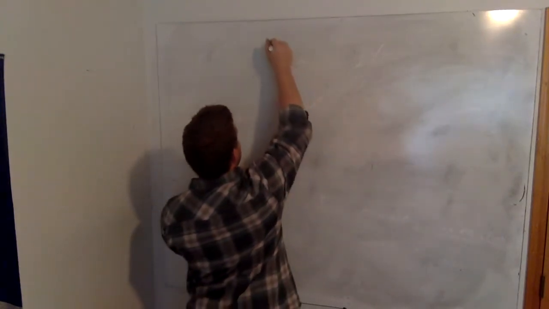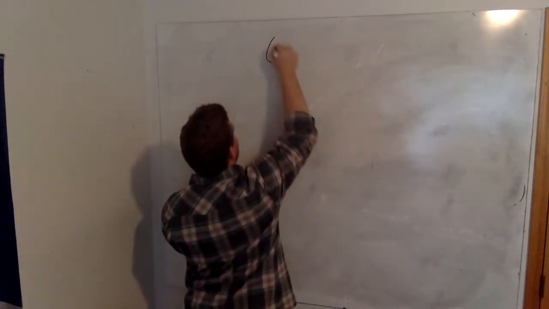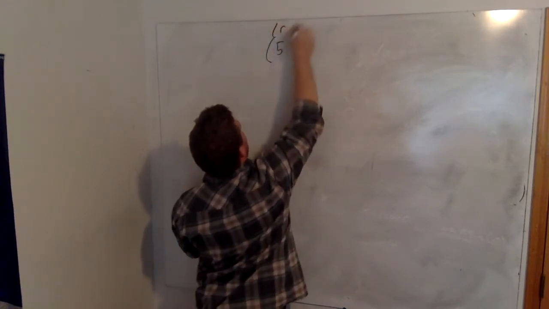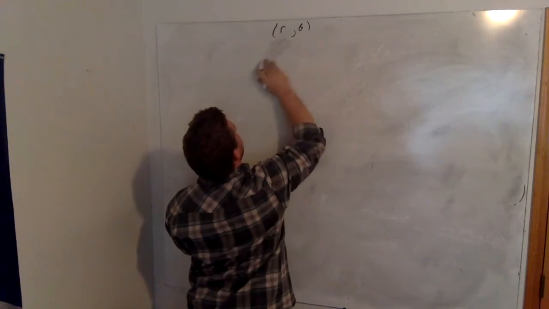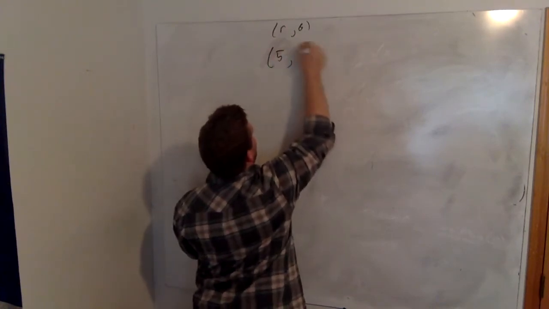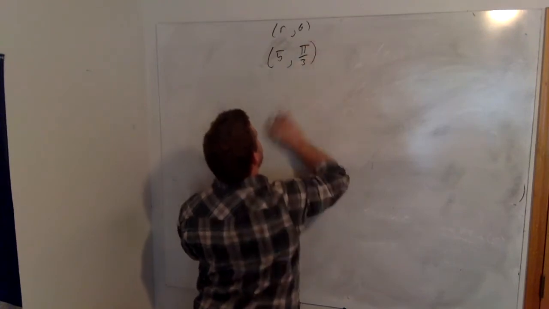So let's first take a look at the point, I don't know, how about in polar coordinates, let's say the radius is 5, and let's say theta is, how about pi over 3?